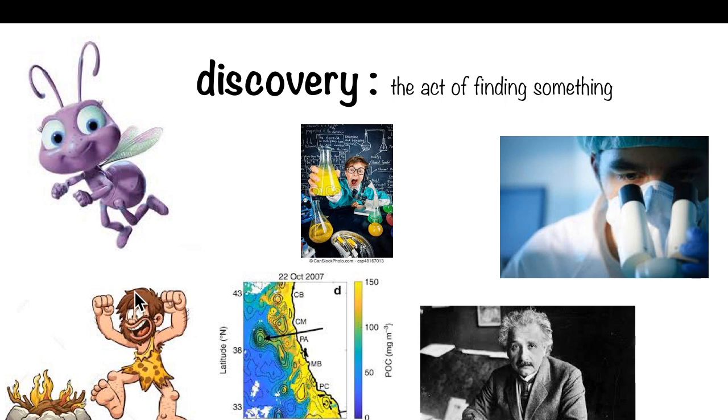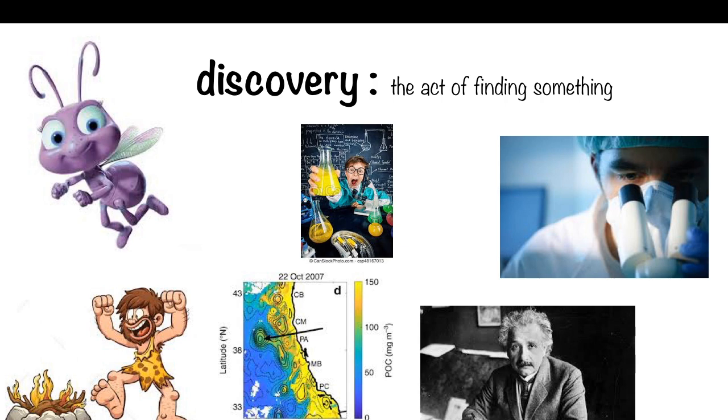Like here, you have a caveman. Caveman, he made a discovery of fire. Before that, they didn't know what fire was. Or here you can say the sentence, the scientist made a huge discovery in the ocean, the Atlantic Ocean. Or Albert Einstein was a very famous scientist who made many important discoveries.